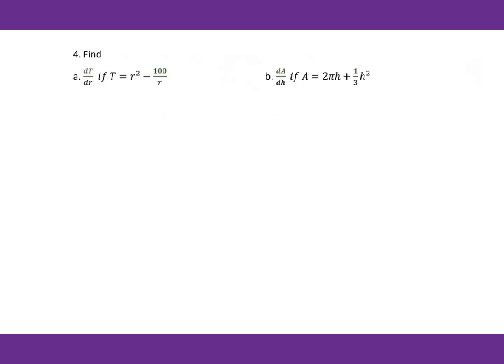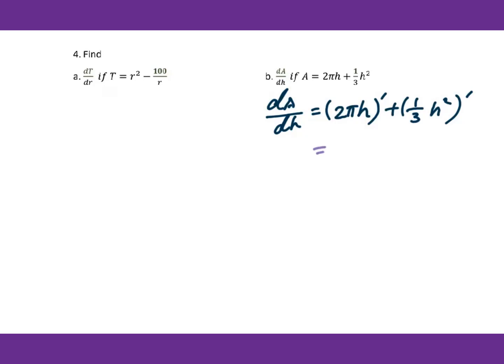Now let's go to B. dA by dh if A equals 2 pi h plus 1 over 3h squared. dA by dh equals 2 pi h, we do the derivative, plus 1 over 3h squared, we do the derivative.